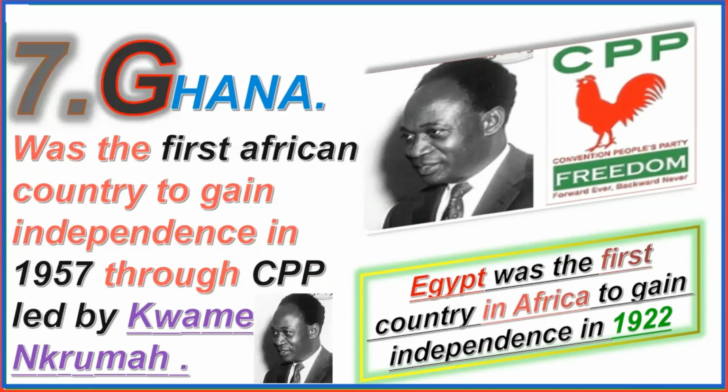But when we say Ghana was the first African country to gain independence, we mean the first black people's country. Yes, Egypt was the first country in Africa to gain independence, in 1922.